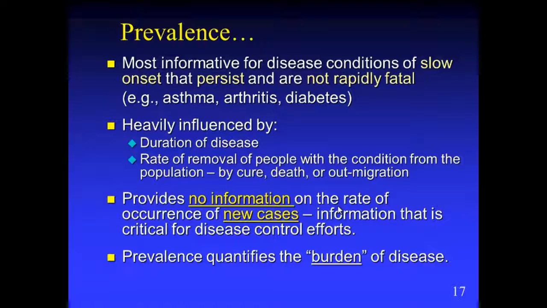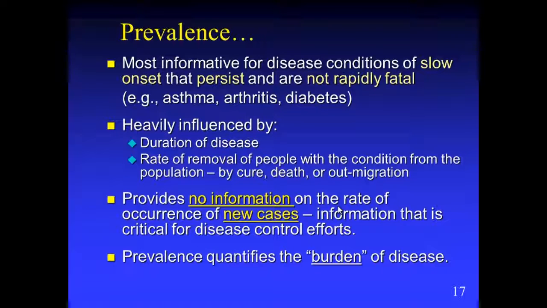But the major limitation really is that it doesn't provide any information on the rate at which new cases occur. And as you'll see, when we're examining particularly the benefits, if any, of interventions, then we really need to be able to measure the rate of occurrence of cases to see whether it's trending upwards or downwards or just flat, whatever it may be.